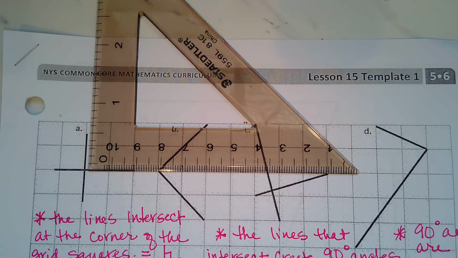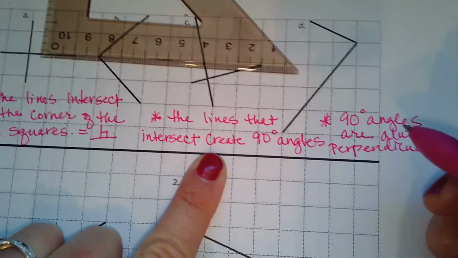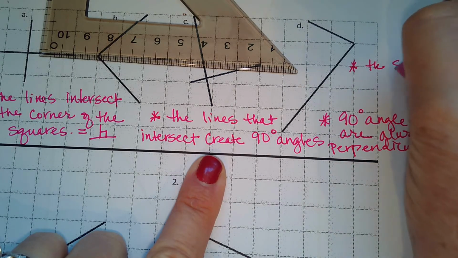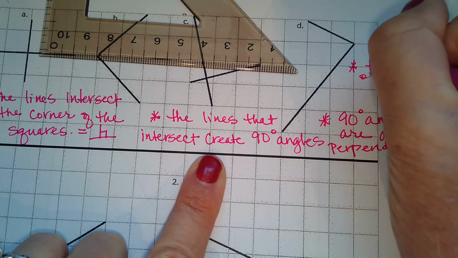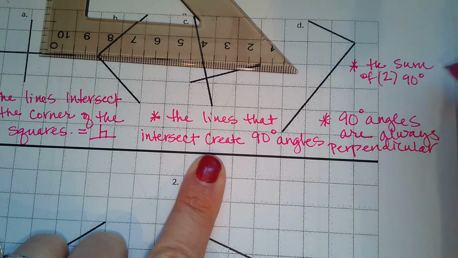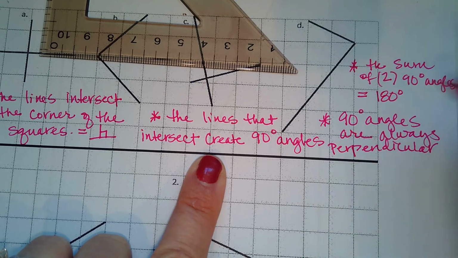Oh, something really important. I'll just keep adding some information up and around here. The sum of two 90-degree angles equals 180 degrees.